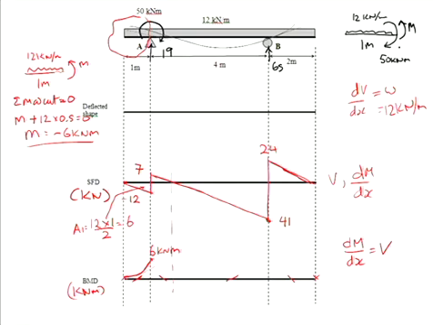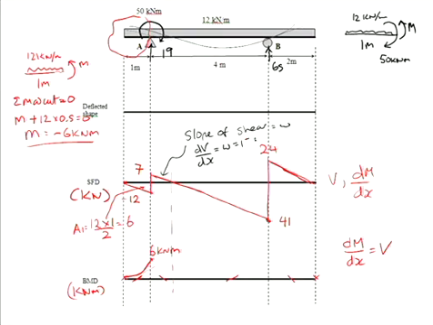So now, I think I can take that off without causing you too much grief. And I can just write over here, slope of shear equals w. So dV/dx is equal to w, which is 12.